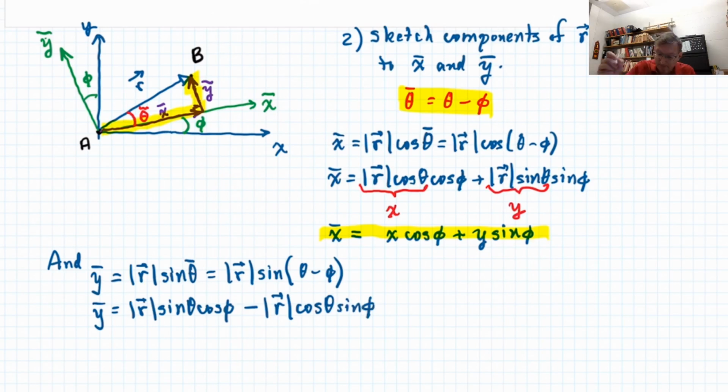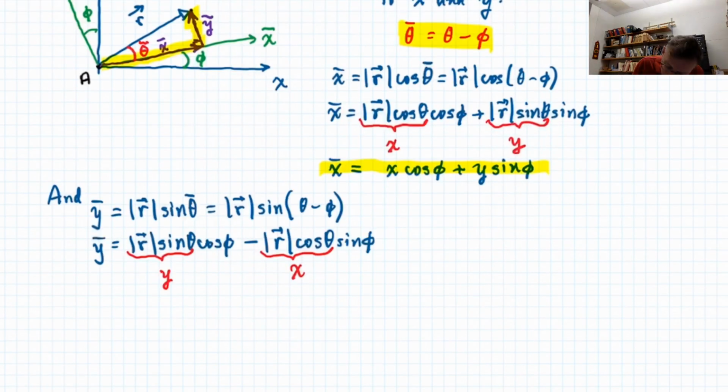That's a trig identity. But then we recognize r magnitude sine theta as the original y component of the displacement, and r magnitude cosine theta as the original x component. And so we have an expression for the new y component, the y component of the displacement relative to the rotated axes, y bar.